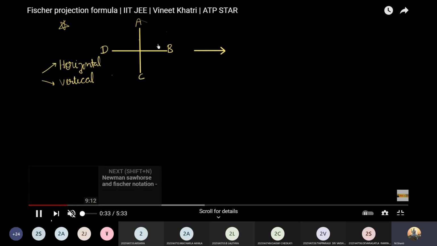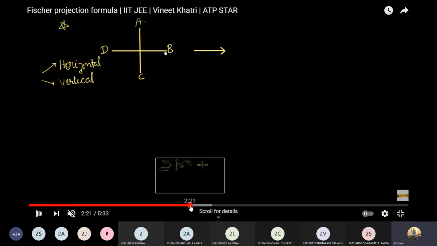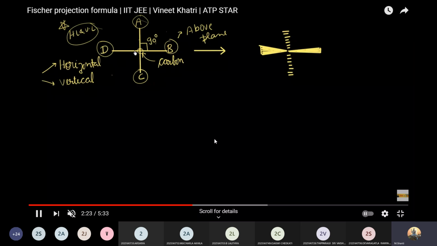I have forwarded the video. Here you can see, this is what we were discussing. Always remember, horizontal substituents are above the plane. These are the thickened or shaded ones, that is nothing but the wedge.